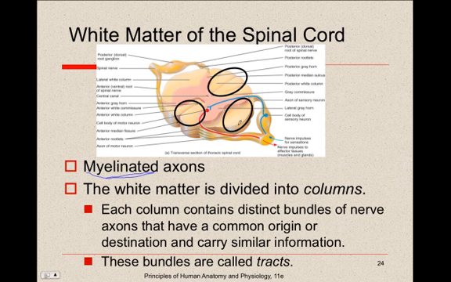And we're going to have ascending tracts that are bringing sensory information to the brain. So those are going to be more posterior, right? We're going to look for those more posterior. And the motor tracts that are conducting impulses down the cord and out to a muscle or a gland are going to be more anterior and lateral.